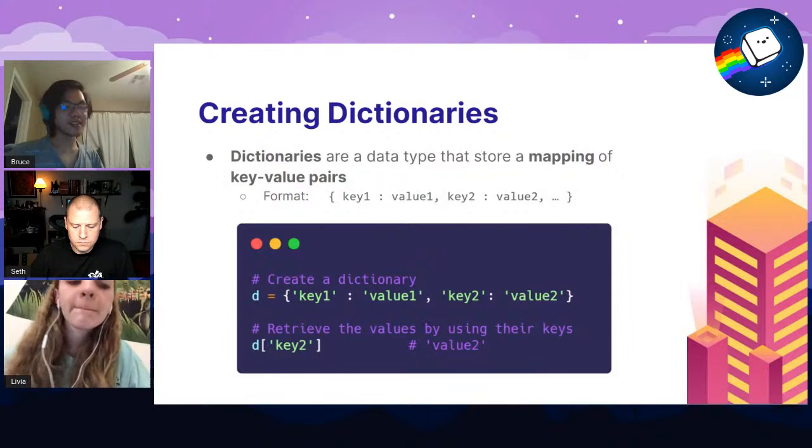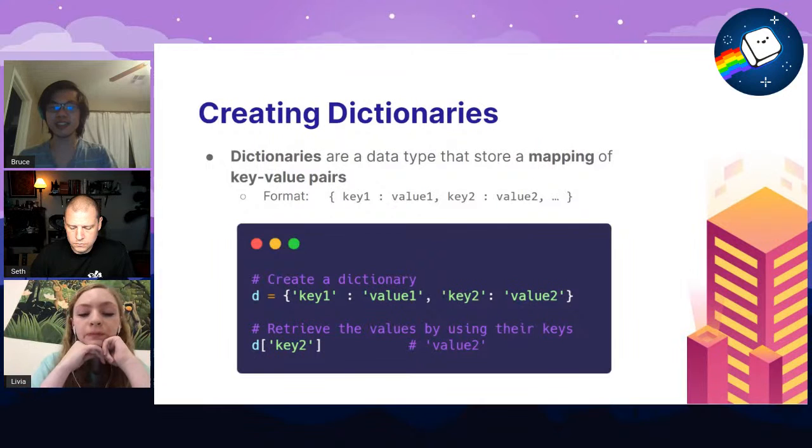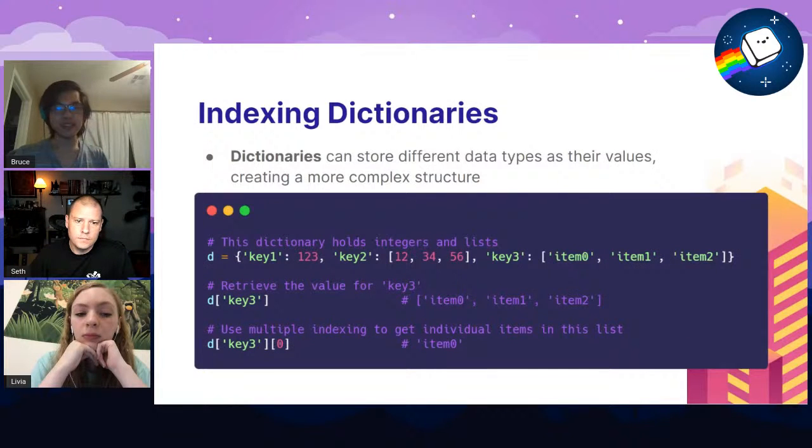You can't have 2 of the same keys, because then which value does Python give back to you? And 2, keys cannot be mutable. Keys have to be immutable objects. Great. We'll see this in action in a second, but hopefully that makes some intuitive sense.